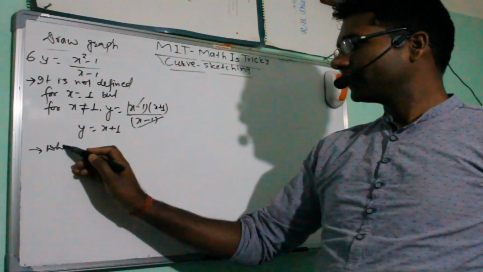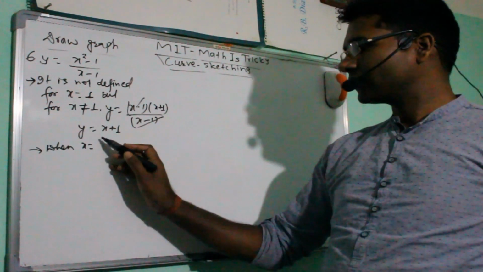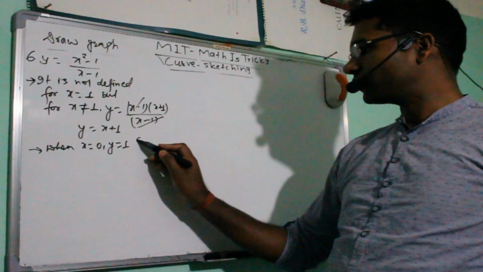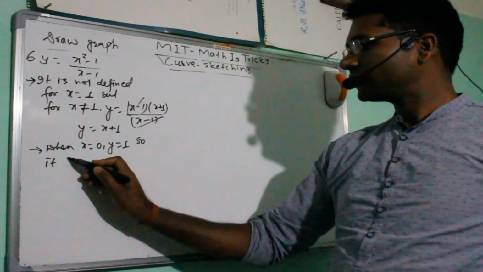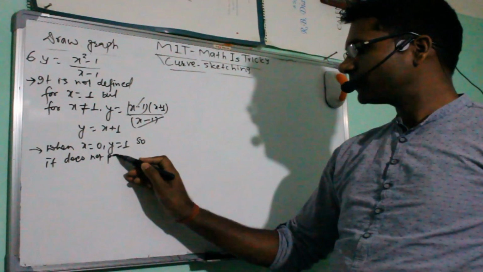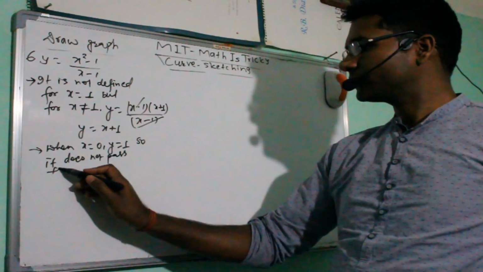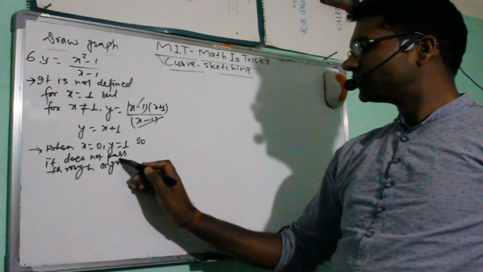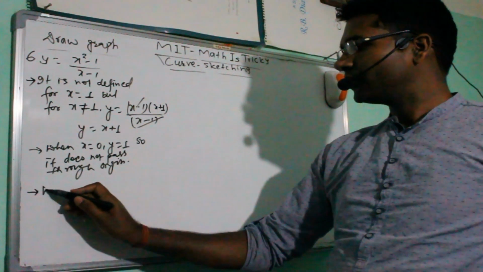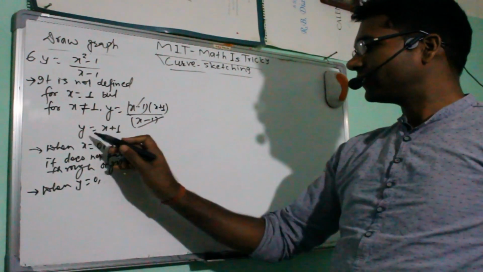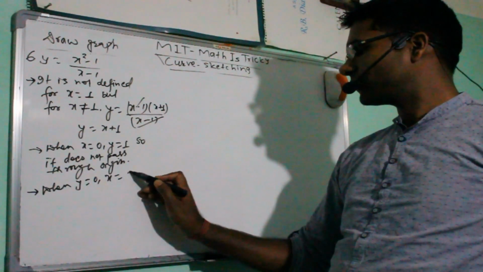When x equals 0, y equals 1, so it does not pass through the origin. Second one, when y equals 0, x equals minus 1.